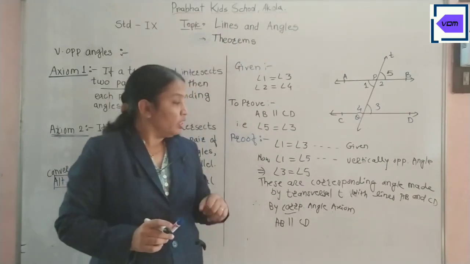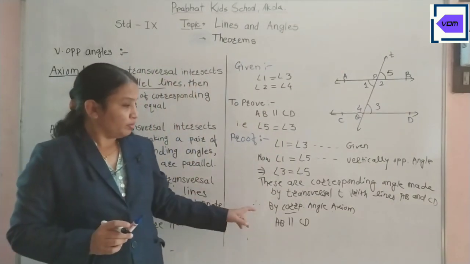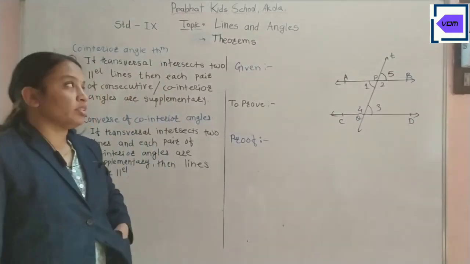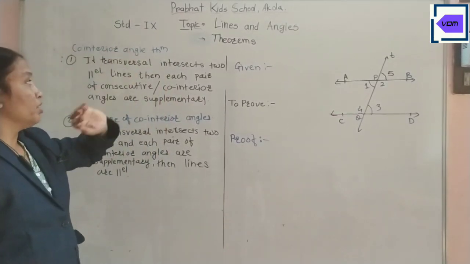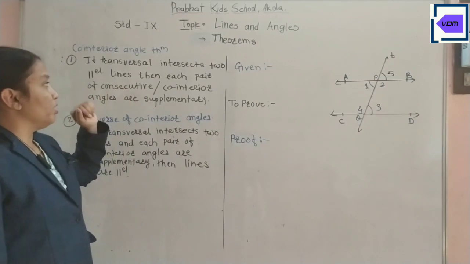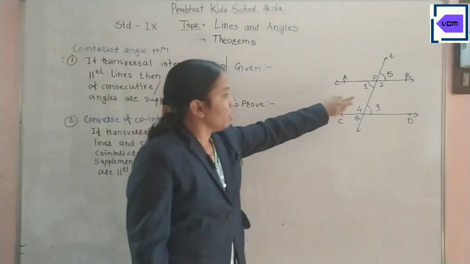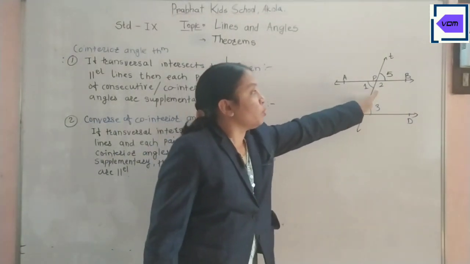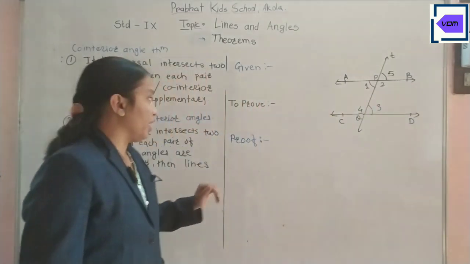Now we will see the next theorem. Let us see the co-interior angle theorem, also called consecutive angles. Co-interior means 1 and 4, 2 and 3. These are the co-interior angles.